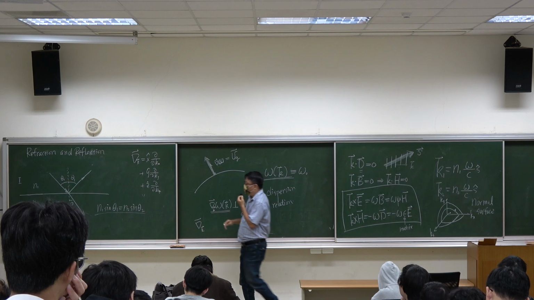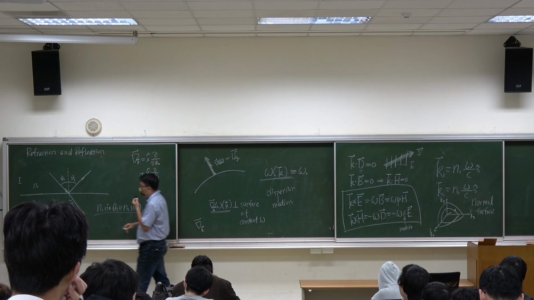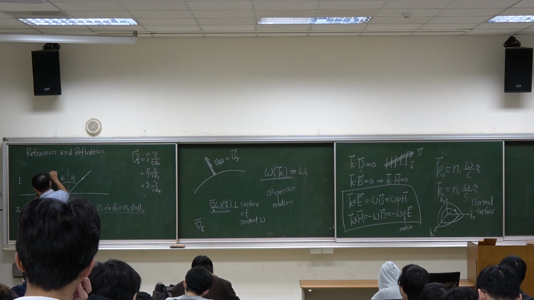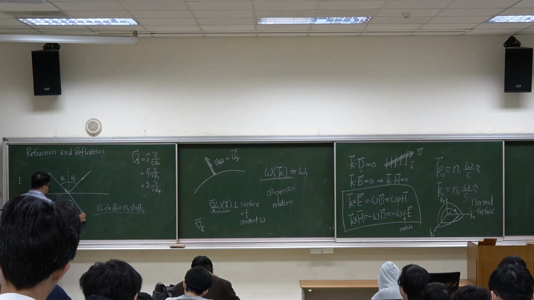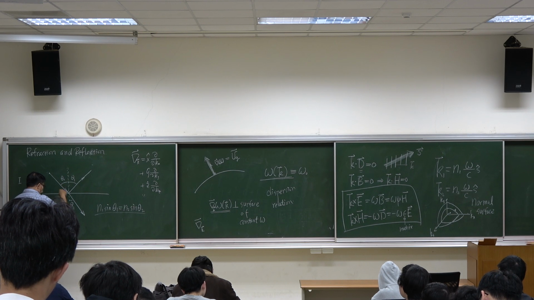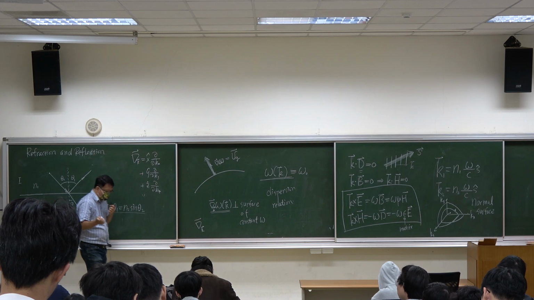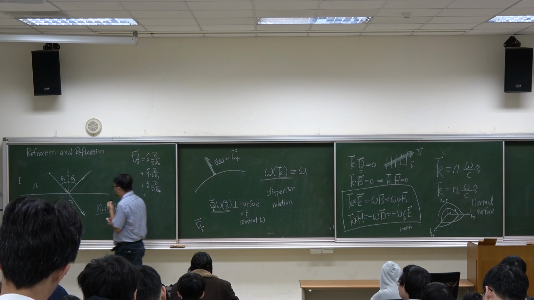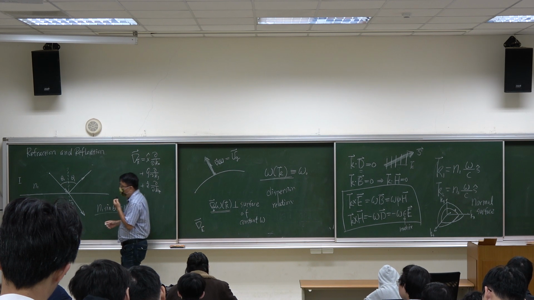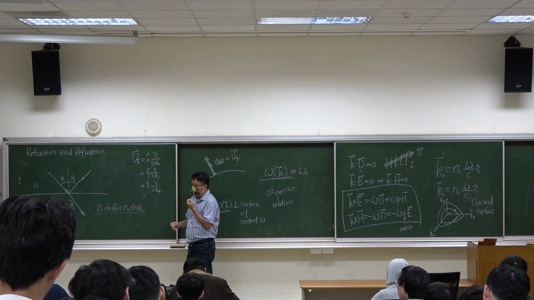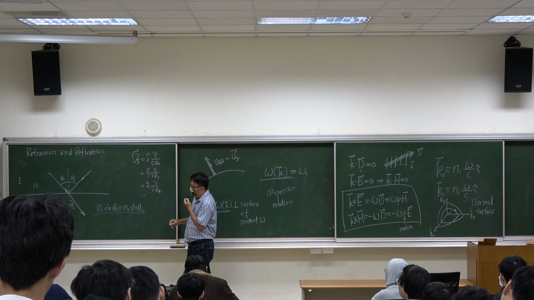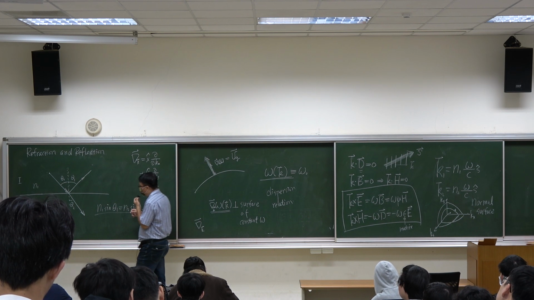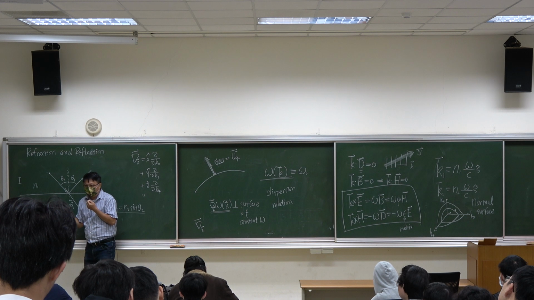Fermat principle claims that light always propagates along the path that takes the shortest time. In fact, light does not take only this specific shortest time path.